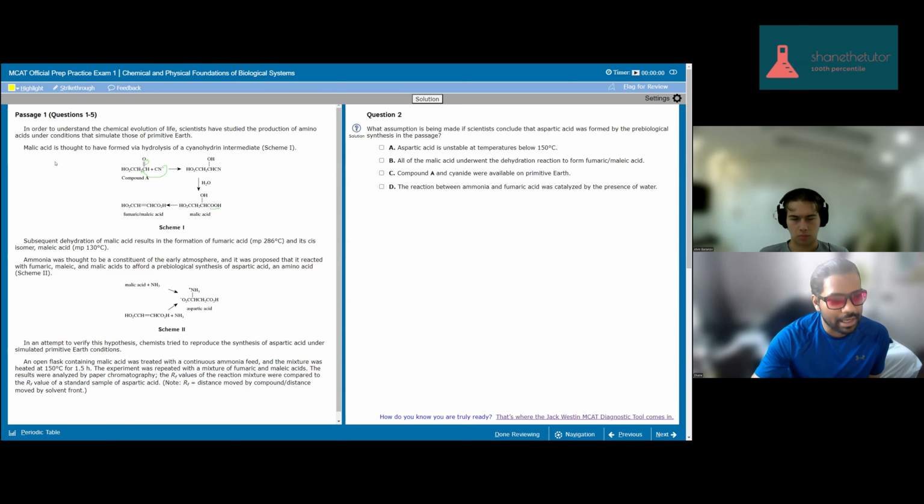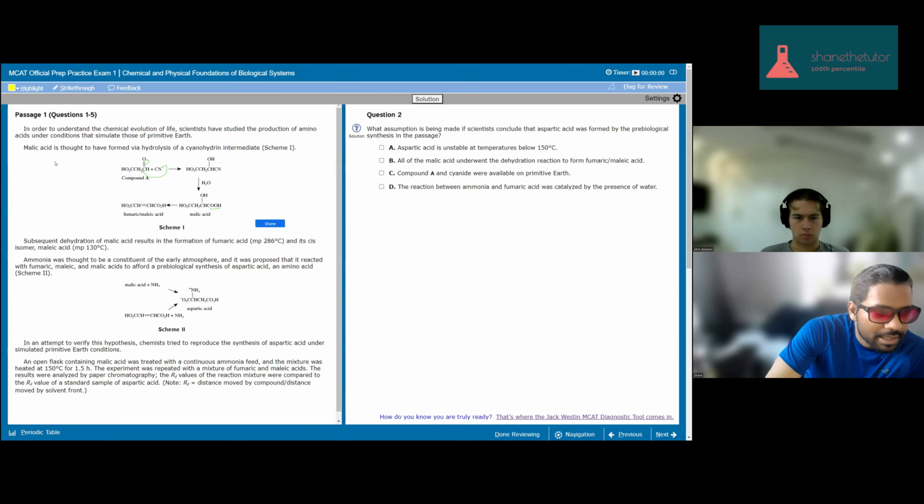It produces this acid here. Oh, crap, that's malic acid, not compound A. Anyway, then it turns into fumaric acid, and it seems like what's happening is the alcohol is getting removed to form the double bond.